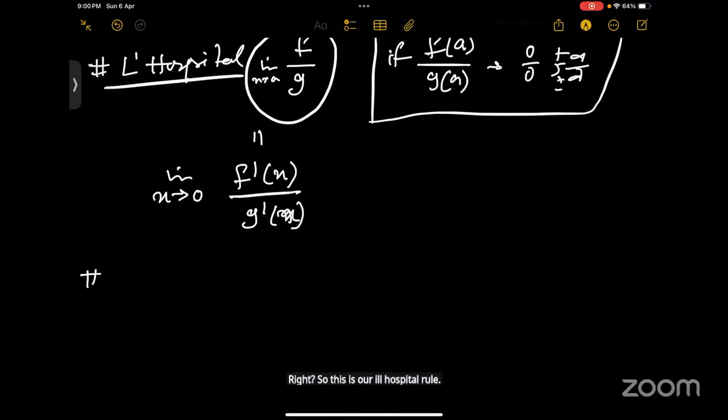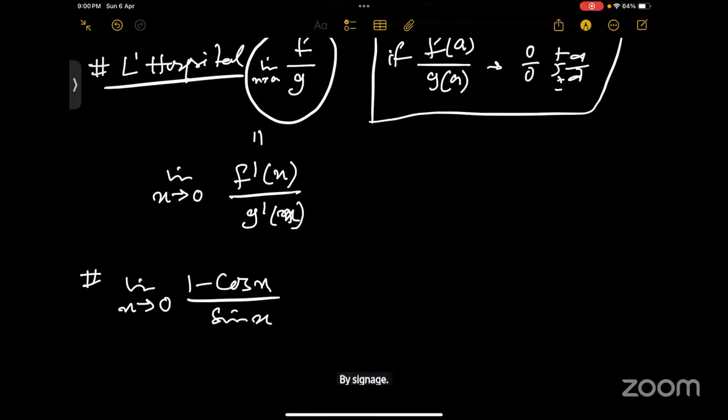Now if I check this problem, limit of 1 minus cos x by sin x. What will be the limit of this function? Any other answer?